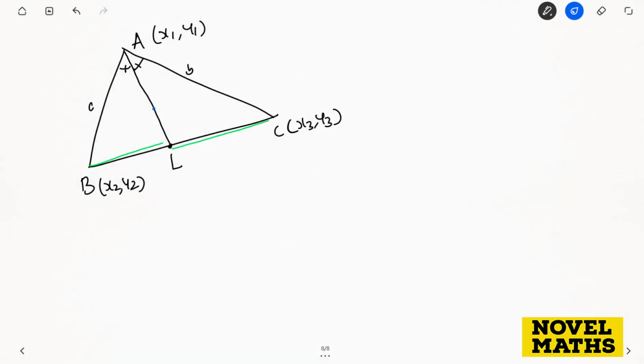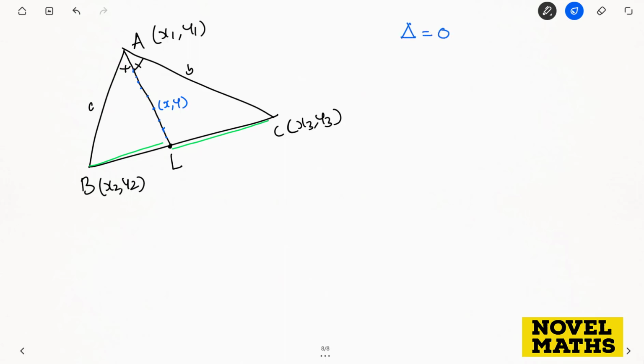That is xy. Xy can lie anywhere on this angle bisector AL. All right, so it can lie here, it can lie here, it can lie here, anywhere, and we have to prove something. So generally in this type of question where the points are floating around this line, we can use the concept of the area of triangle is 0, right?